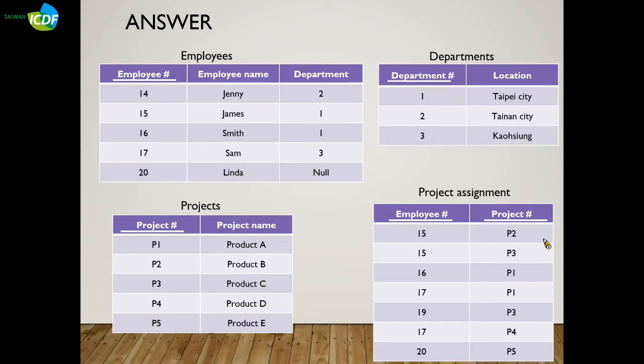So we can use employee numbers and project numbers as the primary key. That is, project assignment has a composite primary key. After exploring this exercise, I think everyone can understand more about the concepts of primary key.